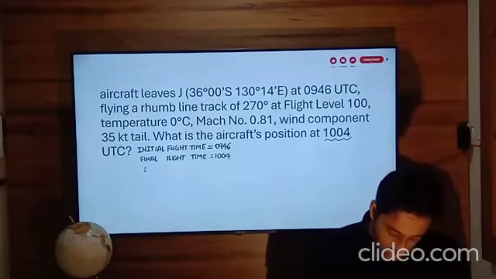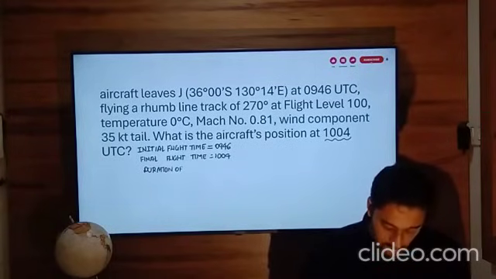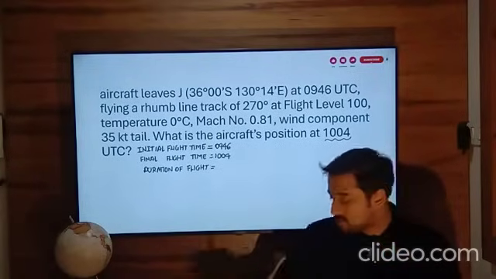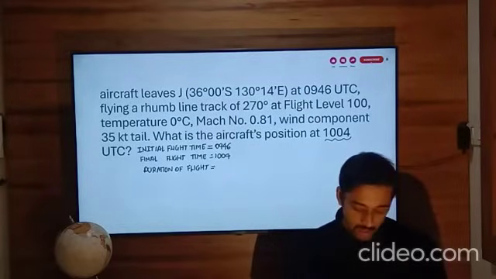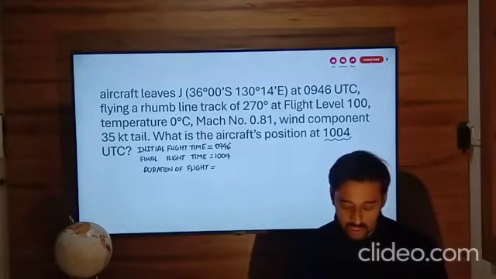That means the duration of the flight is how long. So we have flown this flight from 0946 to 1004. So total flight time will be 10 hours 4 minutes minus 9 hours 46 minutes.